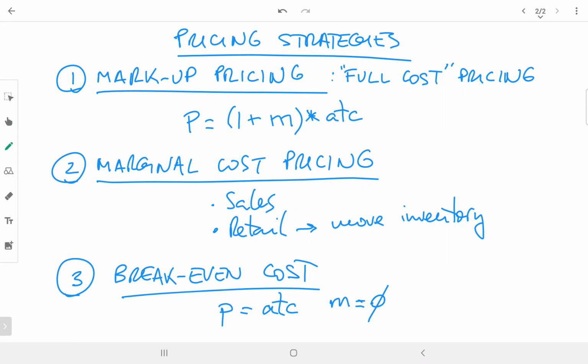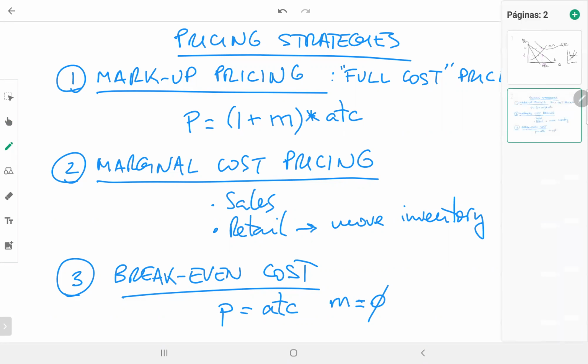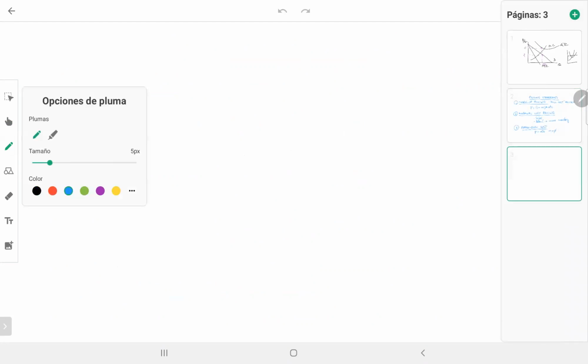Good. Let's move to number 4, because these ones are fairly easy, fairly straightforward, and then it gets a little bit more complex. Number 4, this is the price that minimizes unit cost.